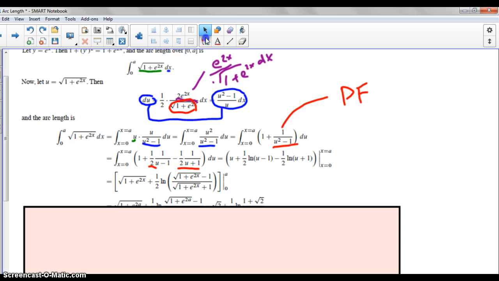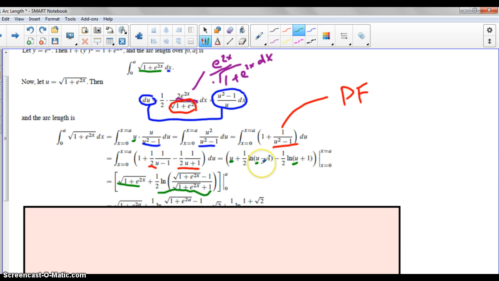So for each u that's in the problem here, you want to throw in the square root of 1 plus e to the 2x back in. So that's where this came from. And does anybody know where this came from? This came from the fact that we're subtracting two natural logs.